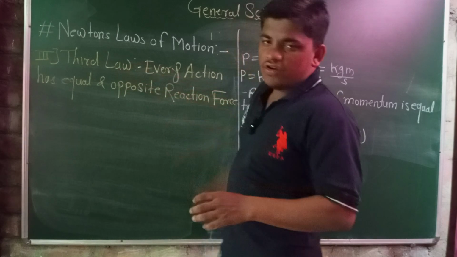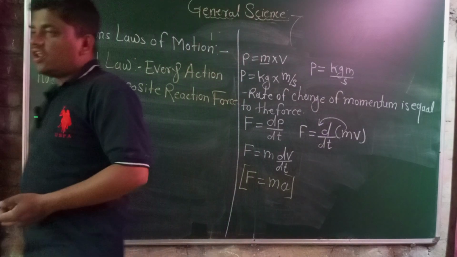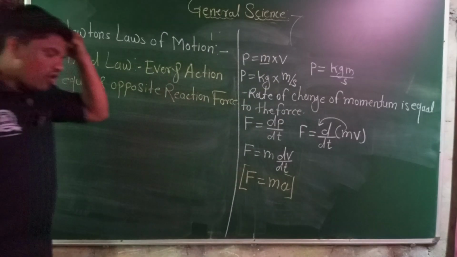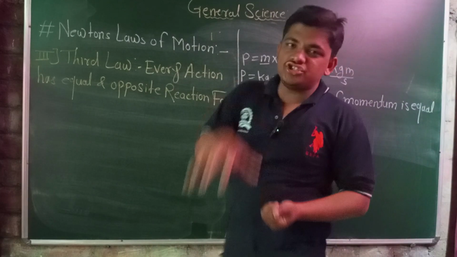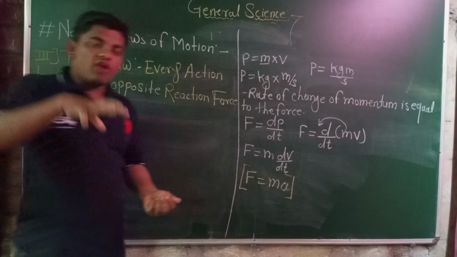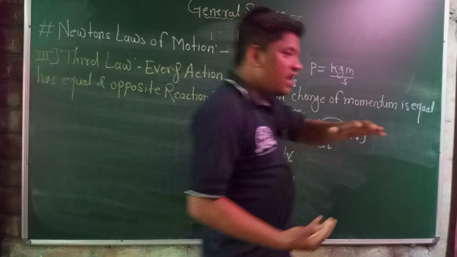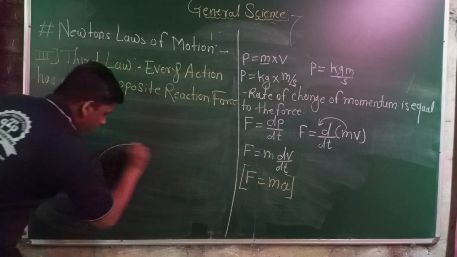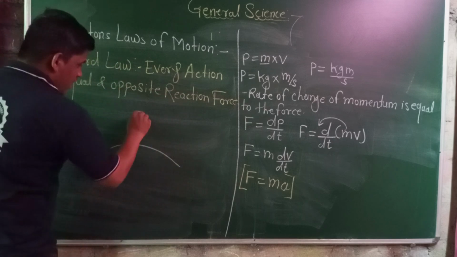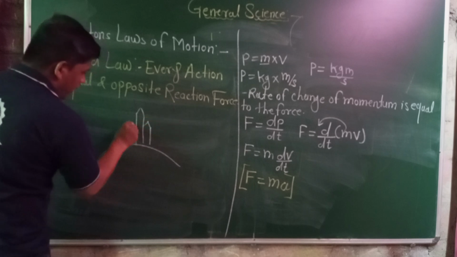Newton's third law of motion is applicable to rocket science. Whenever we launch rockets into space, the rockets push down with a certain force on the earth, and then the earth applies a force in return. Consider the diagram I will draw. This is the surface of the earth and this is our rocket.